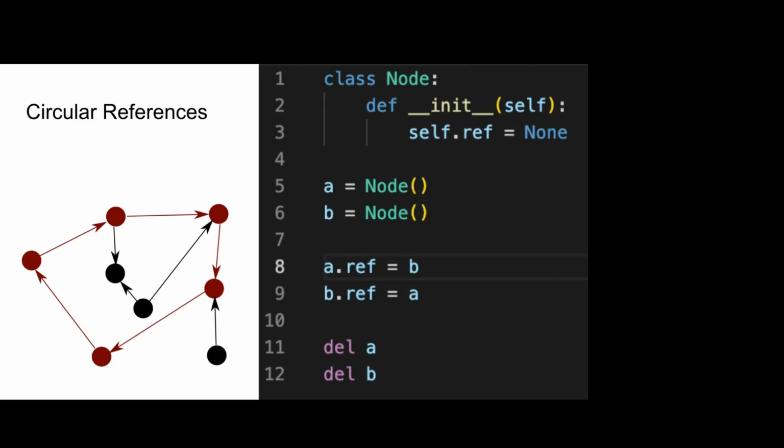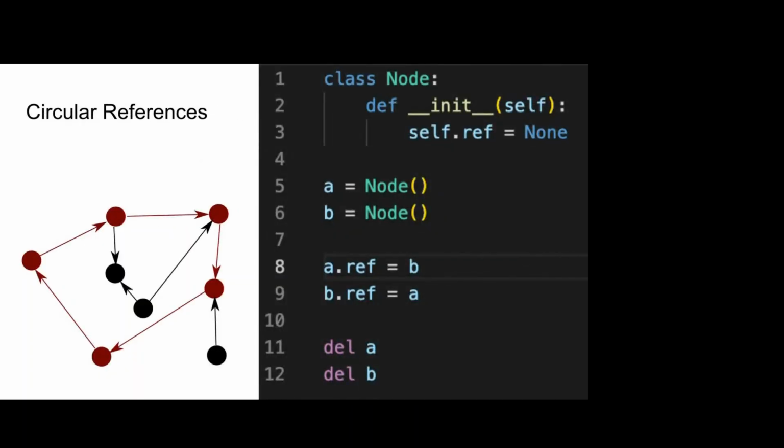I forgot to show the reference count still being 1 on each, but I do have a demo for this. So basically, even after you delete A and B, they're still in memory because they're still referencing each other, and Python's reference counting hasn't deleted this.